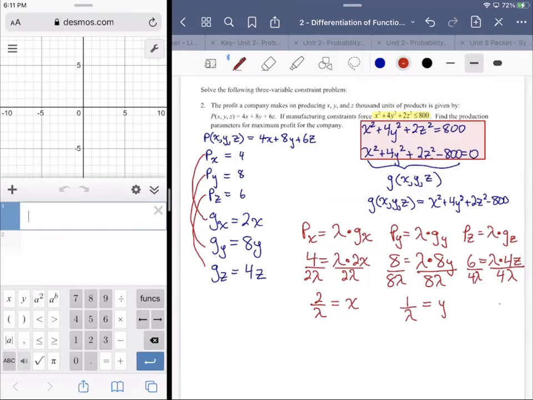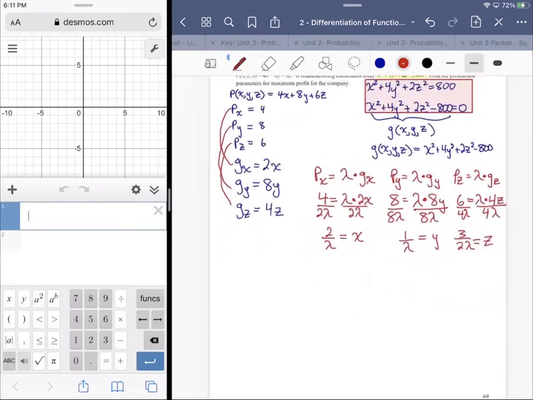I try to make my lambdas look halfway decent, because if you've tried making those lambdas yourself, they're very easy to mistake for x's. If you extend that one little stem a little too far, all of a sudden you have something that might confuse you and make you think it's an x and it really isn't.